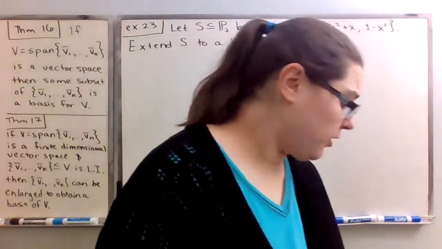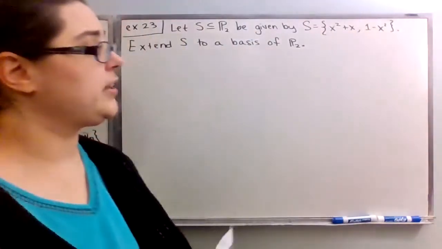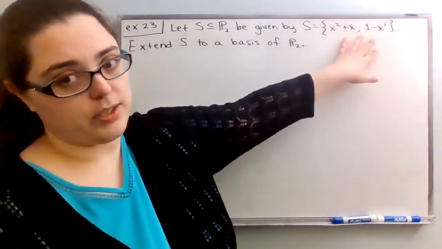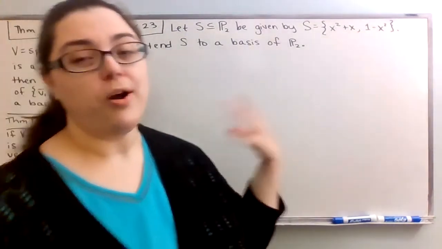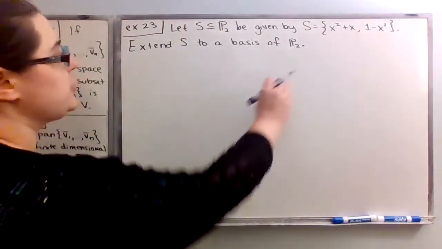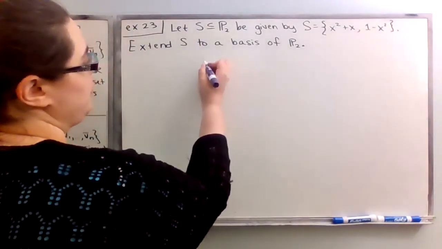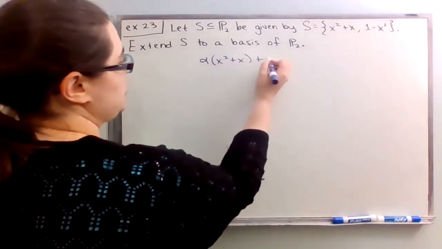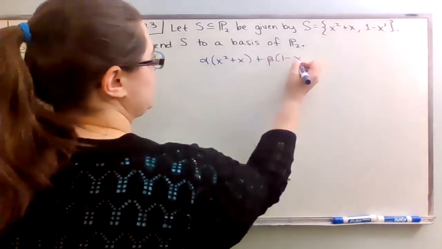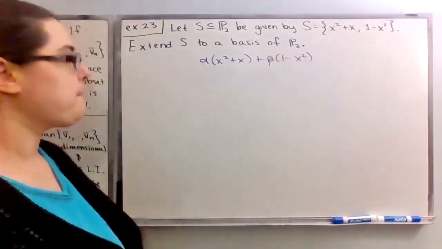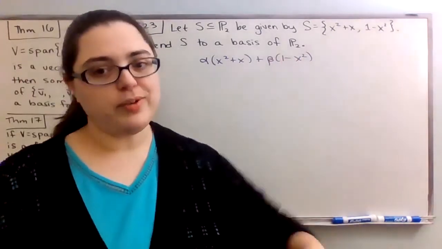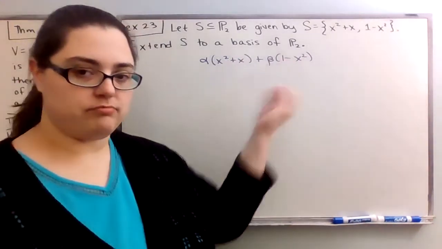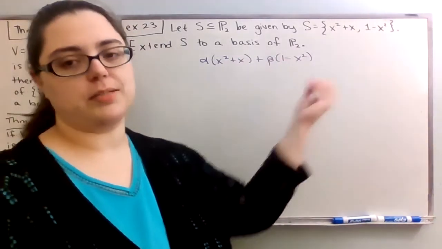Now, to start out with, let's write what a linear combination of these two vectors is going to look like. That's going to help us figure out what we're missing. So first, I'm going to write that as alpha times x squared plus x plus beta times 1 minus x squared. Now, as we've seen in P2, it will behoove us to write this so that it's something x squared plus something x plus something.